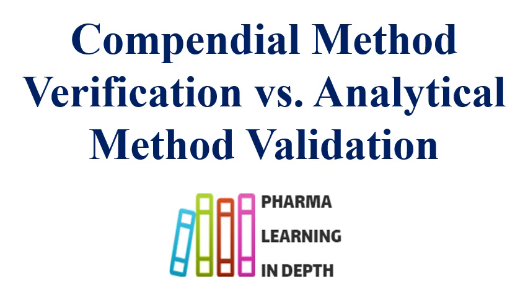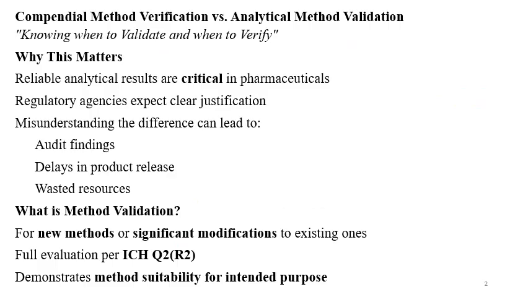If a new method is developed, full analytical method validation is required, and if the method is available in the monograph, method verification is required. Now let's start with the video to understand these two terminologies in more detail.